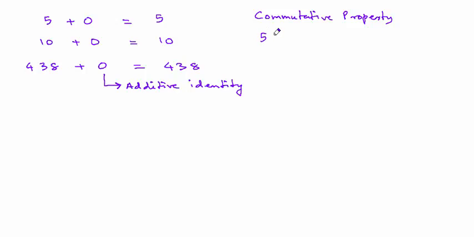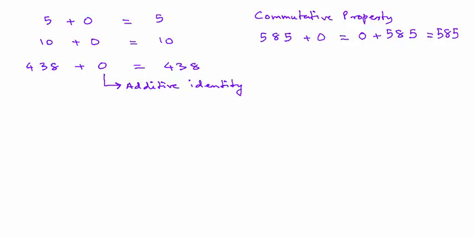So 585 plus 0 is the same as 0 plus 585, and because 0 is the additive identity, this is equal to 585, same as the number.